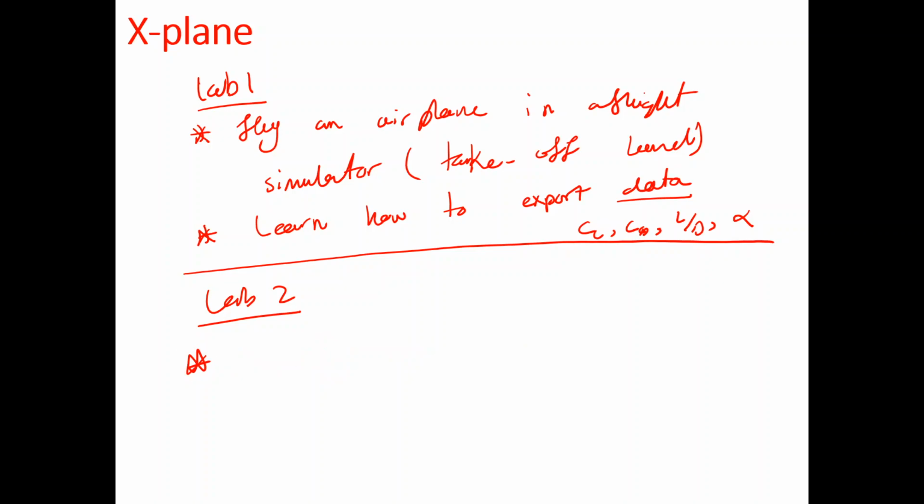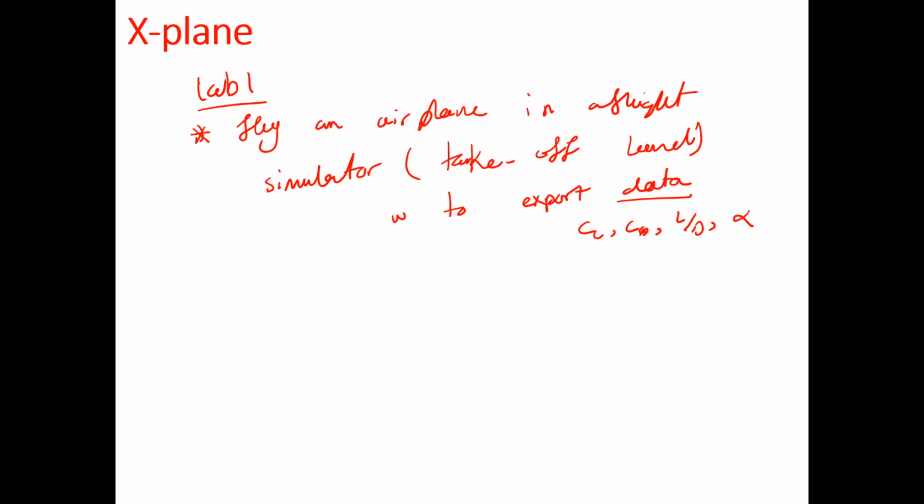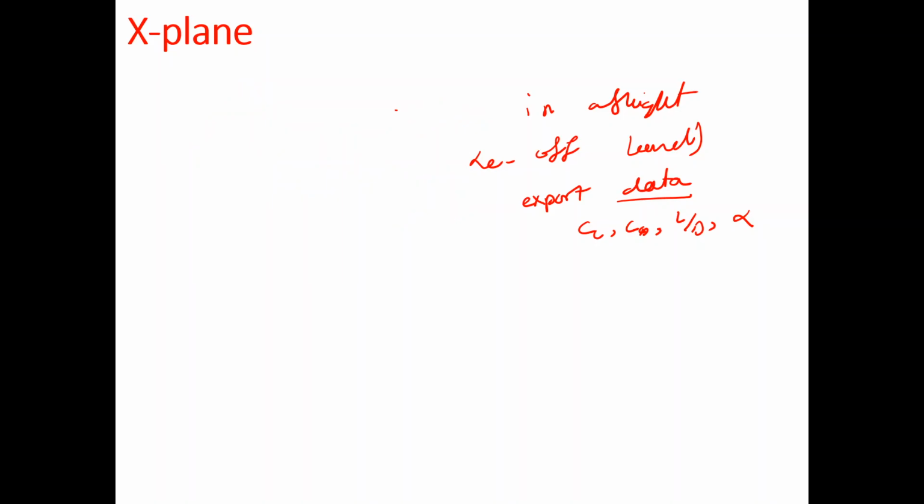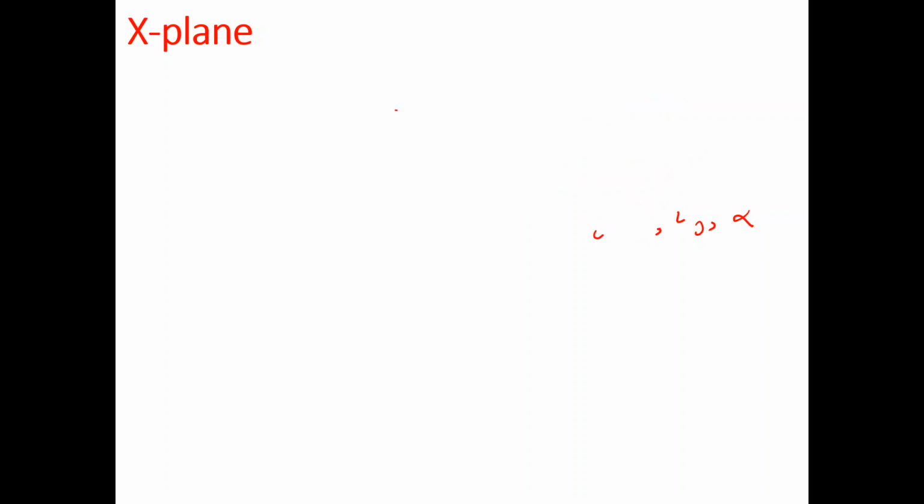So this is going to be the general information about the labs, lab 1 and 2, which are pretty connected. And these two labs are also connected to your final presentation.